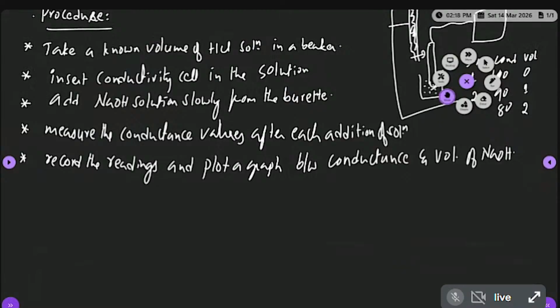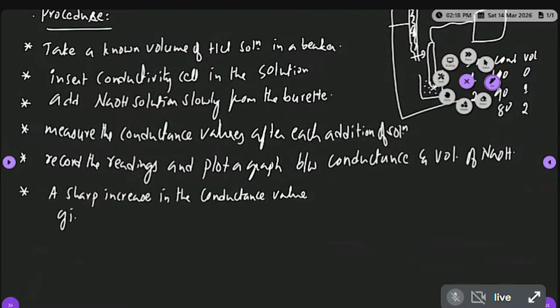రైట్, సే రైట్, a sharp increase in the conductance value gives the equivalence point.